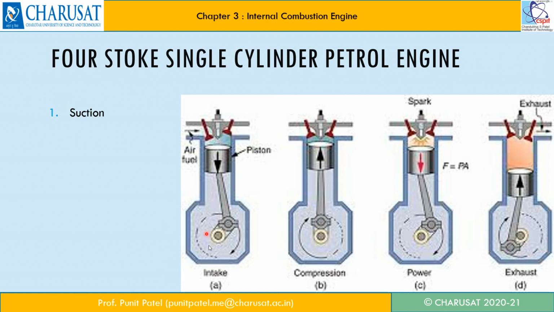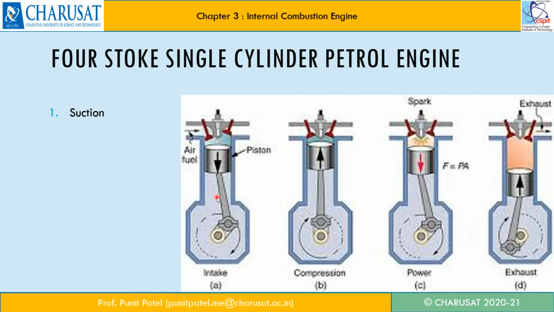As shown in this first figure, during this particular stroke, the piston is at the top dead center. Inlet valve is open, outlet valve is closed, so the mixture of air and fuel can go inside the cylinder chamber. The piston moves from top dead center to the bottom dead center.